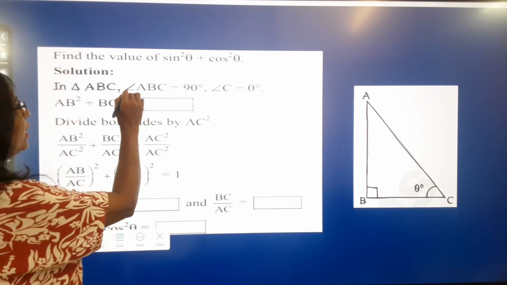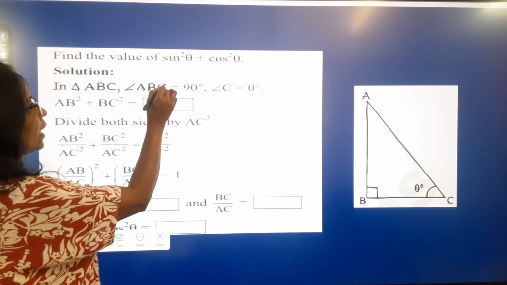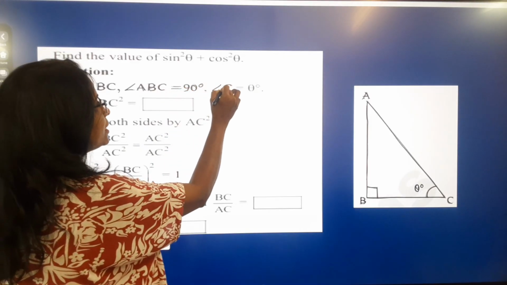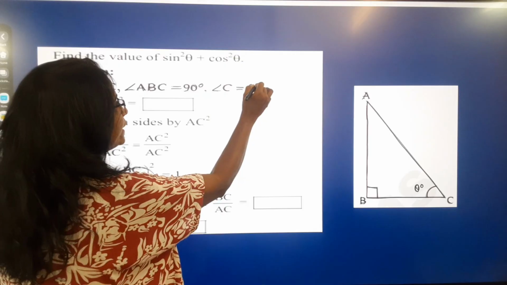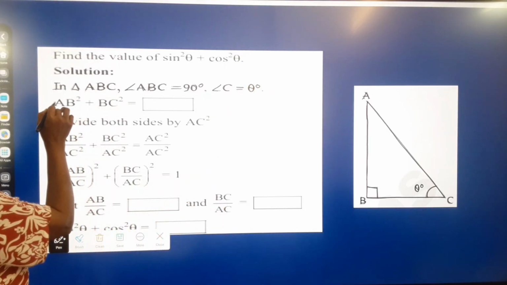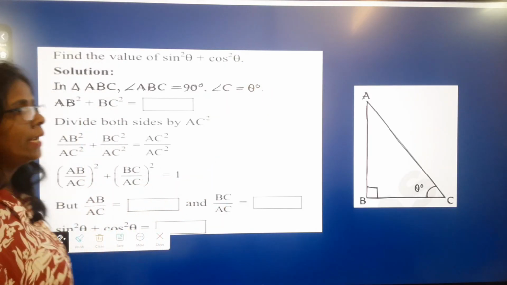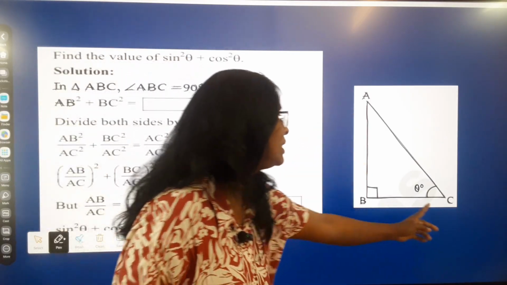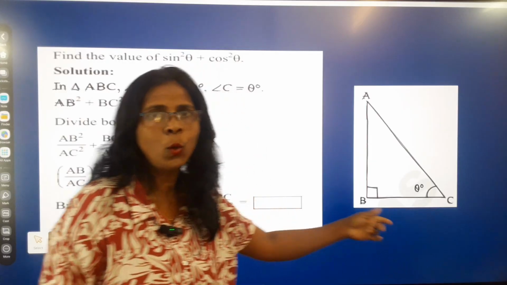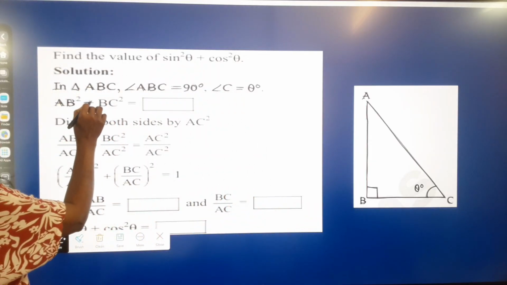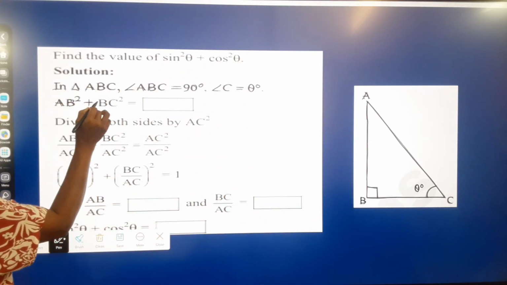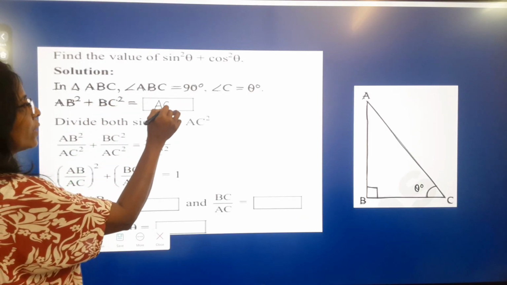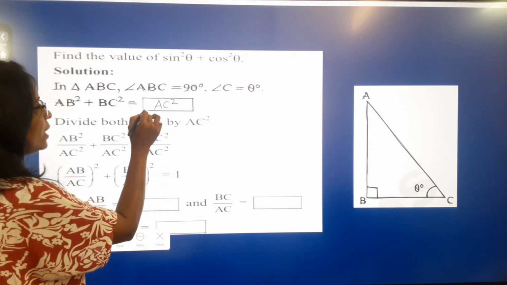So here angle ABC is equal to 90 degree and angle C is equal to theta degree. Okay, so now here students we can apply the Pythagoras theorem. So AB square plus BC square is equal to AC square.